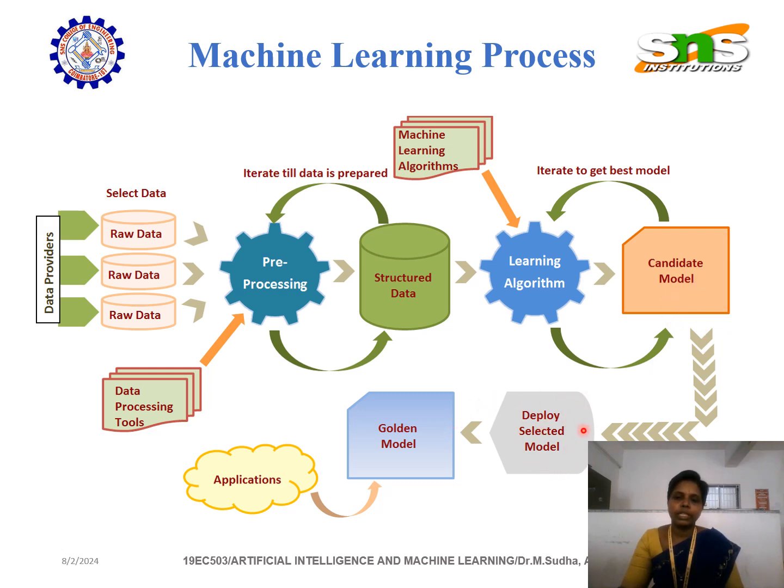At the deployment stage, we will deploy the selected model, and that is the golden model, our final output. The raw data is converted to the final output by these stages. Based upon the application alone we design the particular model, so it will be checked against the application. So this is how the machine learning process takes place.